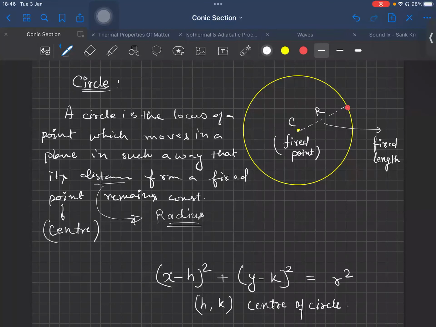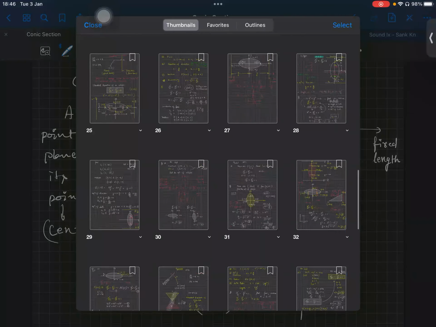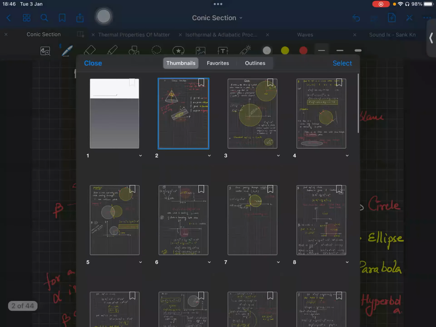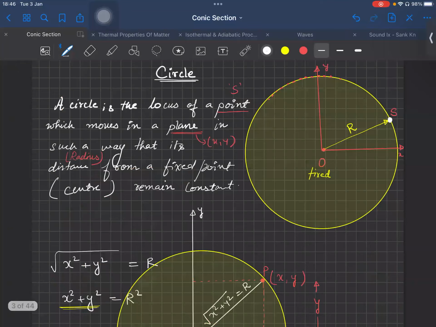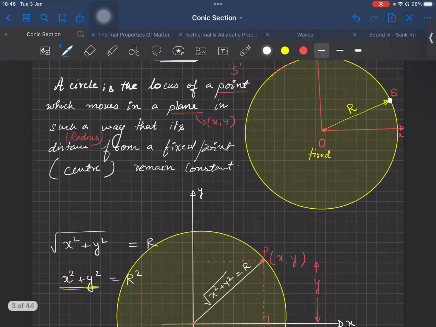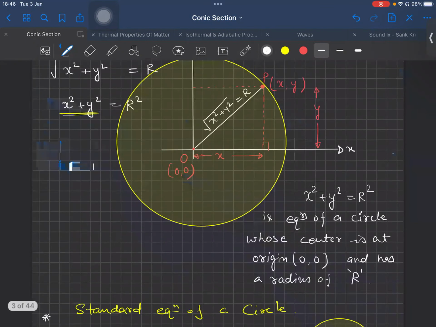So we have seen different types of circle, and I have given you the definition of circle as well.